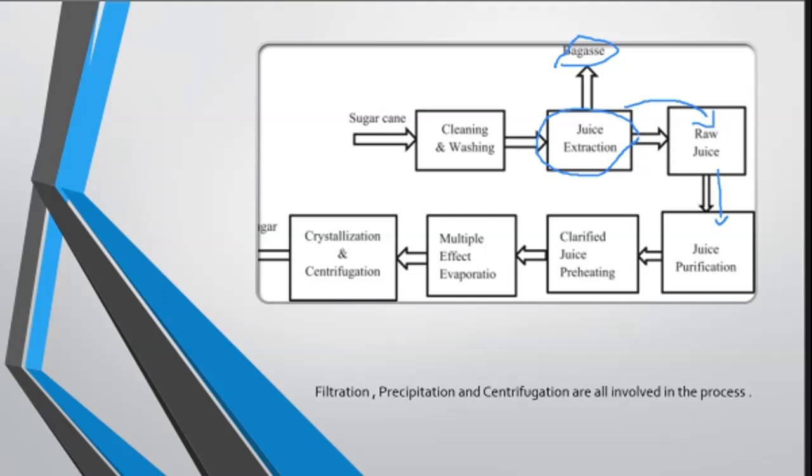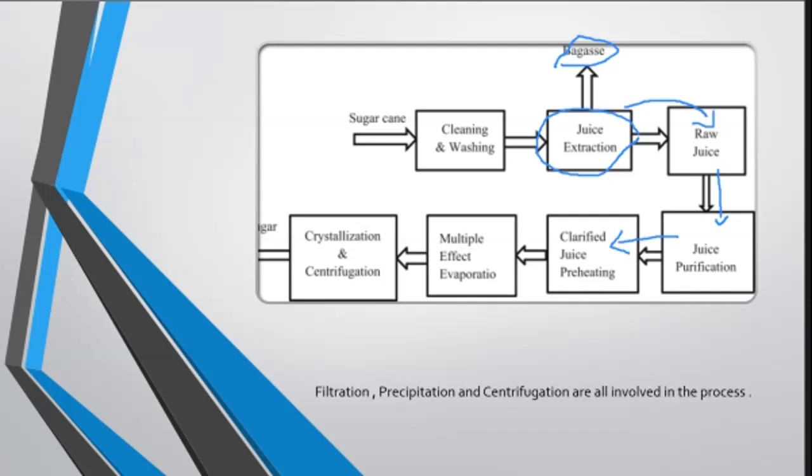Now, the next thing that needs to happen is we need to clarify the juice. And this process of clarification and heating involves precipitation, right? The formation of a solid. Now, when we have precipitation taking place, the next thing, because we want to get the sugar from the sugar cane, there was excess water at the start of the process.